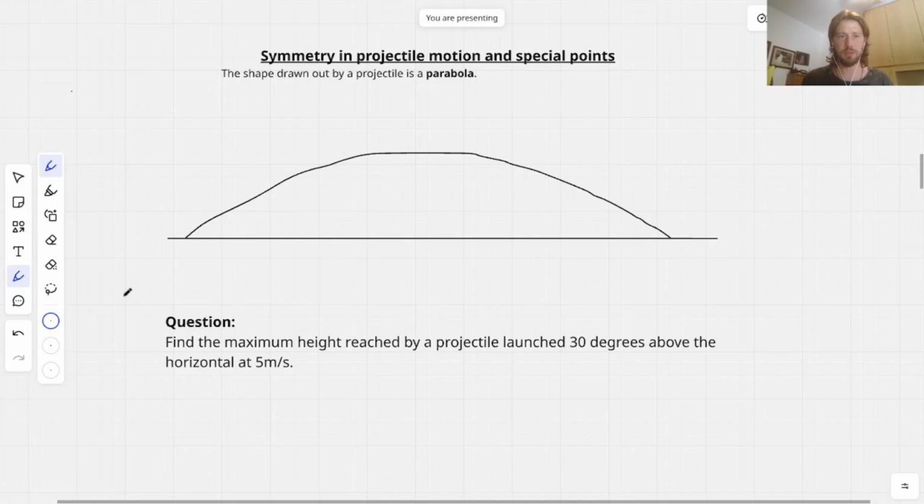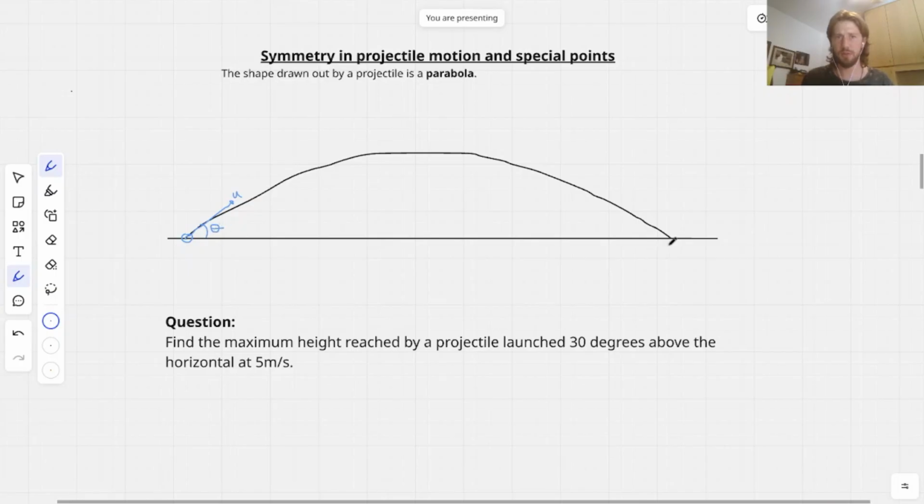The first of these symmetries is, if we take any 2 points in this parabola, cut it off like that, I will choose the ground, then everything is equal and opposite on the other point. So let's say that this is u at this angle, starting going there.